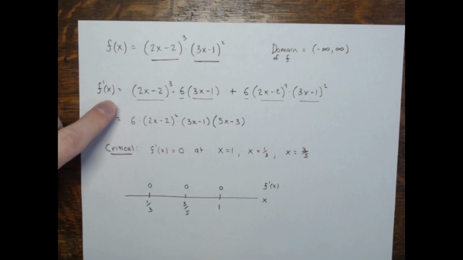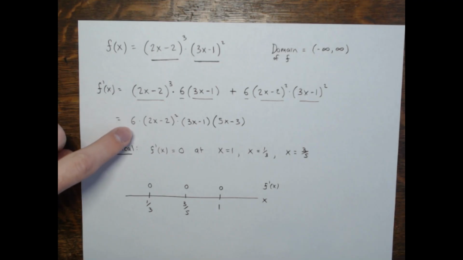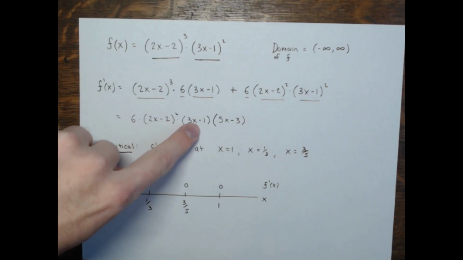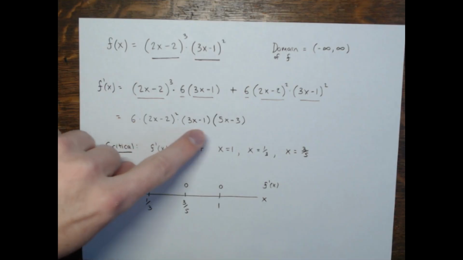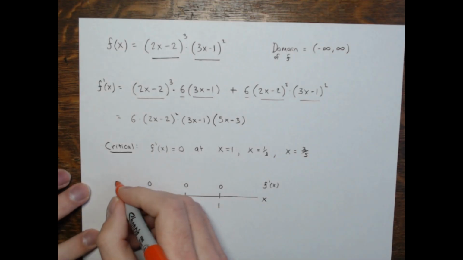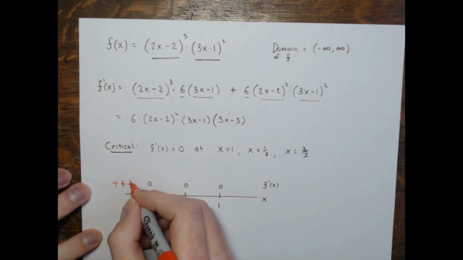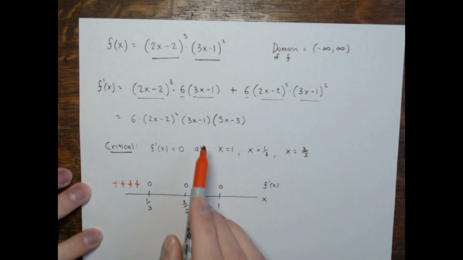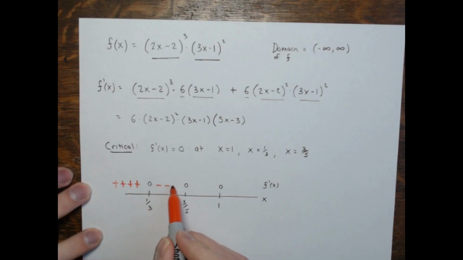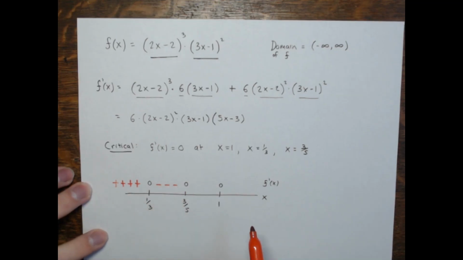And then look at your derivative here. The derivative would be some fourth degree polynomial, right? That's a degree 2, degree 1, degree 1, fourth degree with a positive lead coefficient. So you'd have a positive output to the left of 1/3 here. The multiplicity of 1/3 is odd, so it would cross over. You'd have a negative derivative between 1/3 and 3/5.